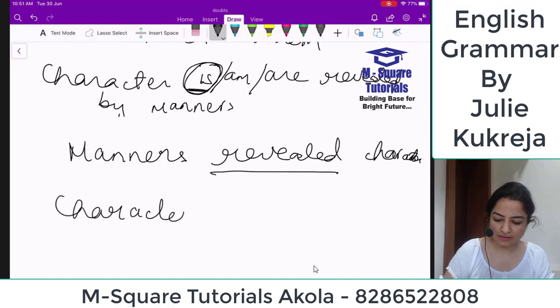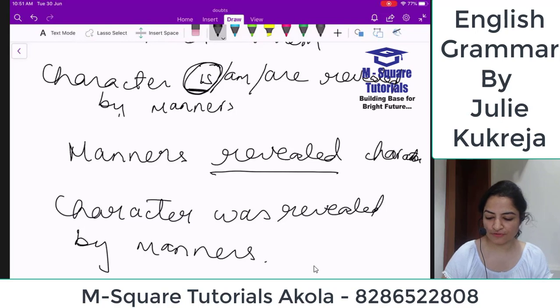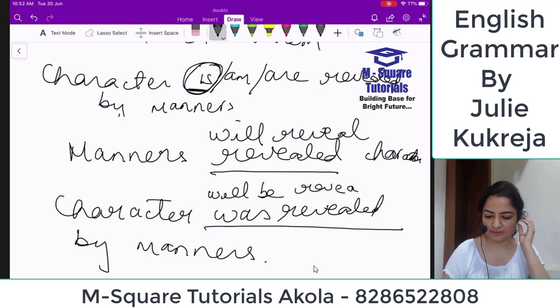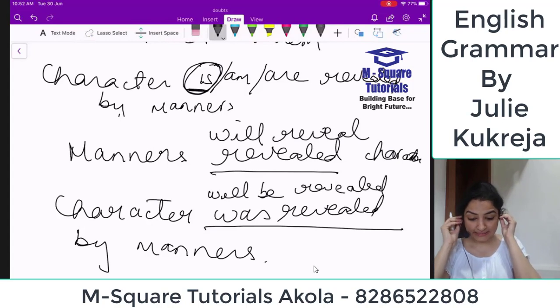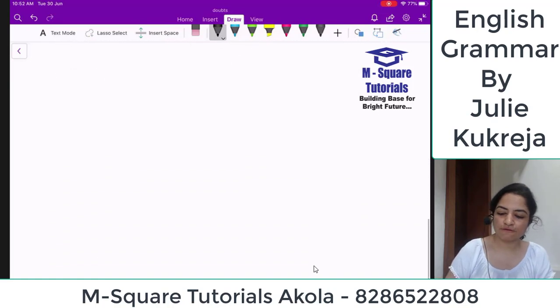Character was revealed by manners. And suppose in place of reveal, if it is future, will reveal, you have to simply replace was revealed by will be revealed. So we learned the three forms: simple present, simple past and simple future.